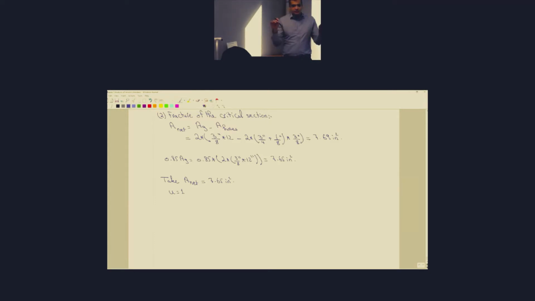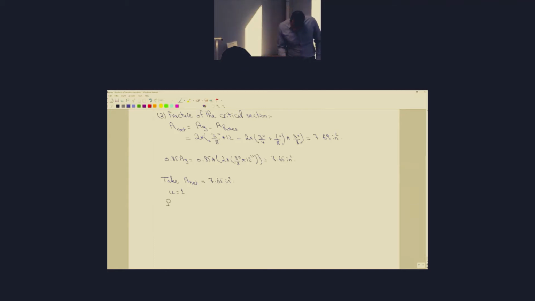This is a plate, right? So the load is transferred through the entire member, okay? And you don't have welds. If you have longitudinal welds, then there is case 4 that applies. But here, U is just going to be 1, okay?